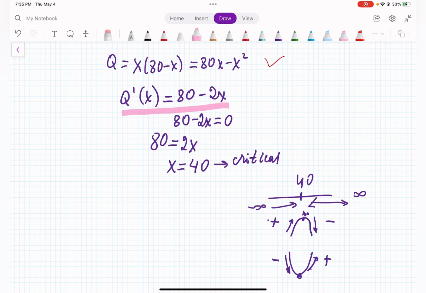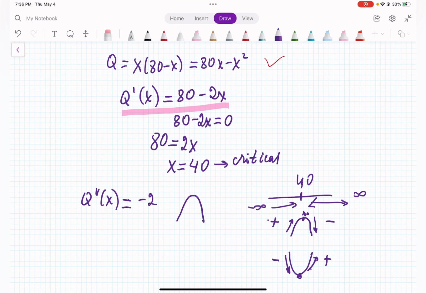So Q double prime is -2. What does that mean? Remember, if the second derivative is negative, the graph is concave down. Why?